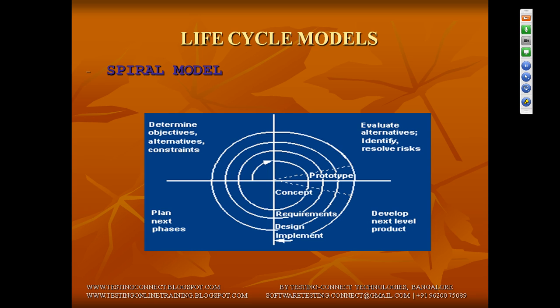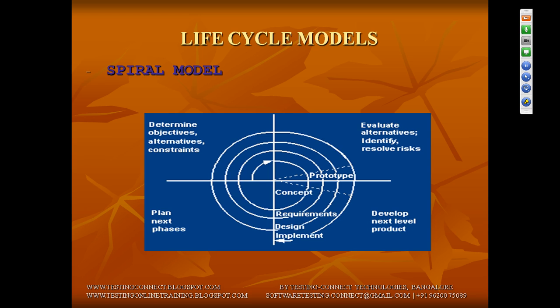So at that point of time, these models came into the picture. For these three models, almost all the advantages and disadvantages are the same. The process is also the same, but it varies a little bit.